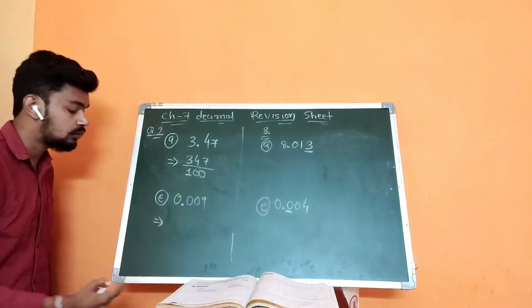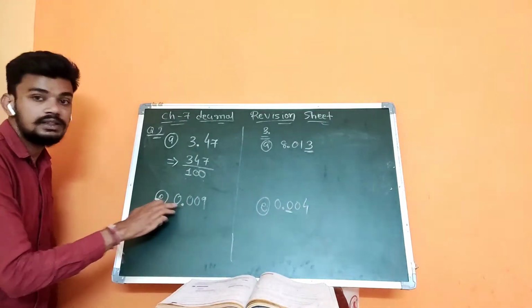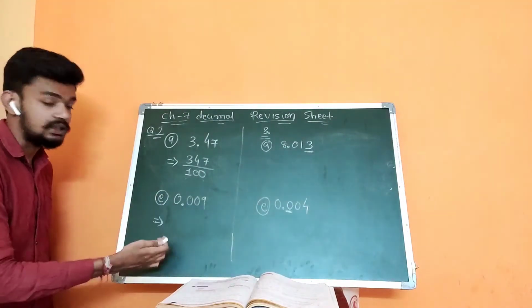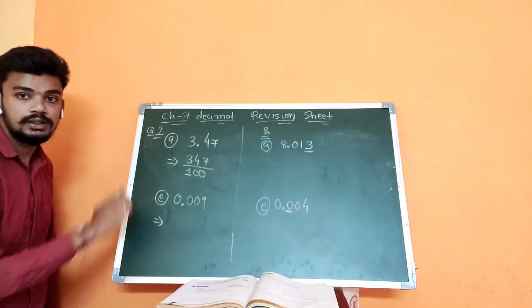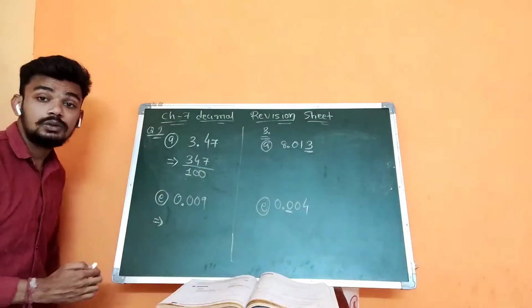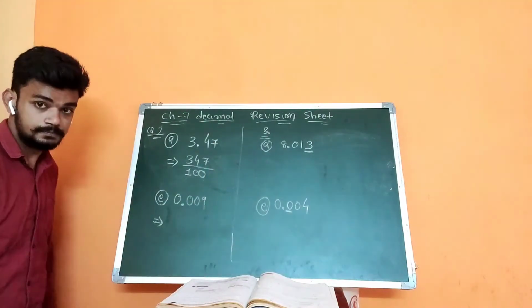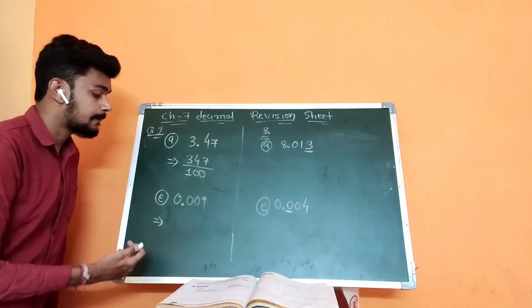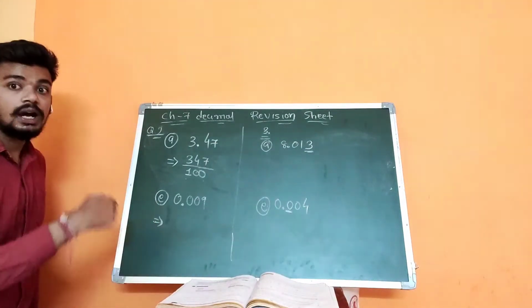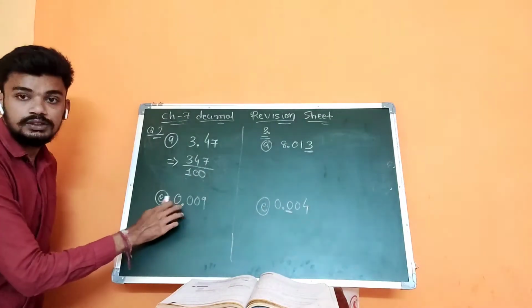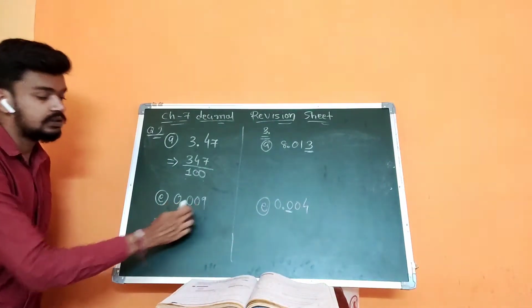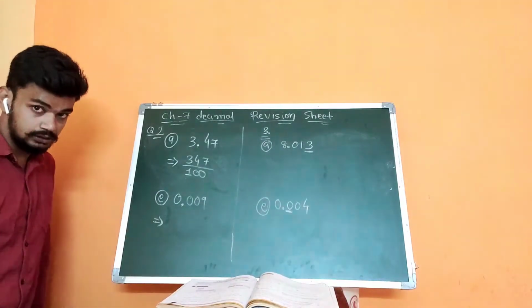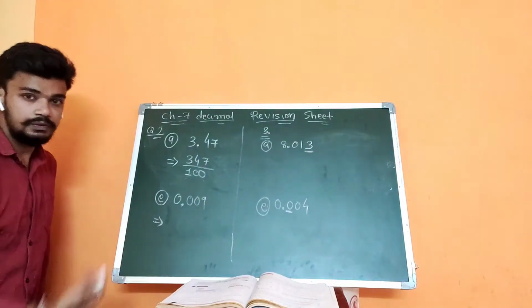See, in question number E, the question is 0.009, and we need to convert that into a fraction, right? So count the digits after the decimal point. Over here, count 1, 2 and 3. So there are 3 digits after the decimal point.